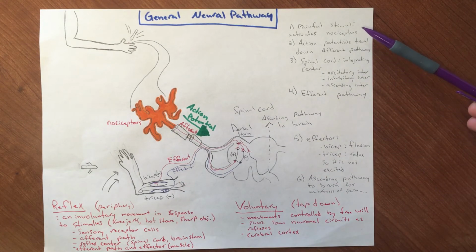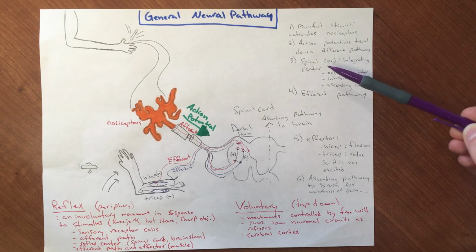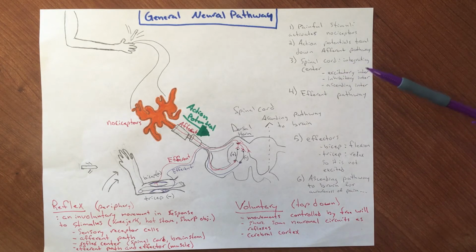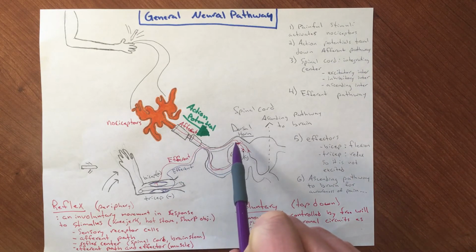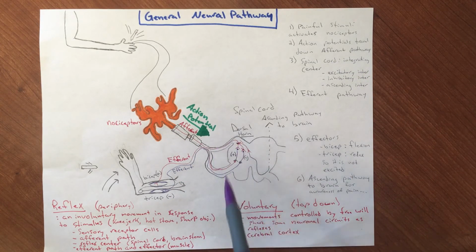So first you have the painful stimulus activating the nociceptors. This triggers an action potential that travels down the afferent pathway. This is integrated in the spinal cord, and this is the integrating center. So this red line right here is this afferent pathway.